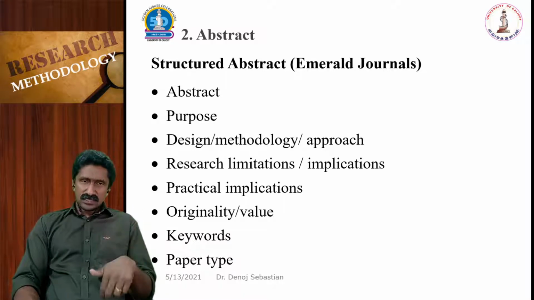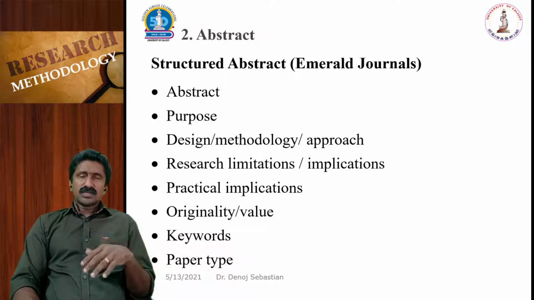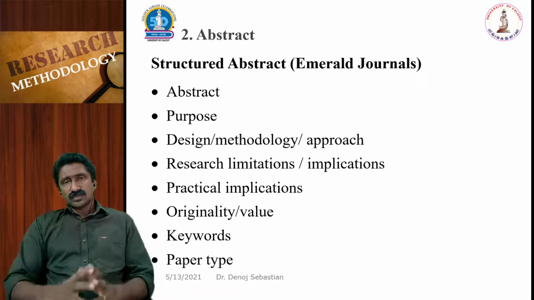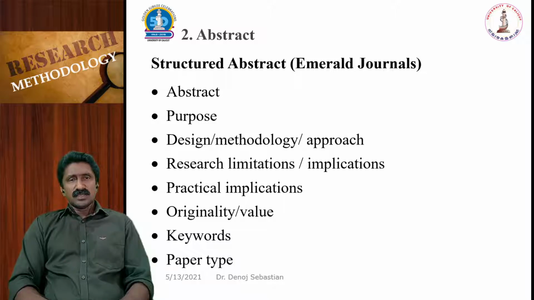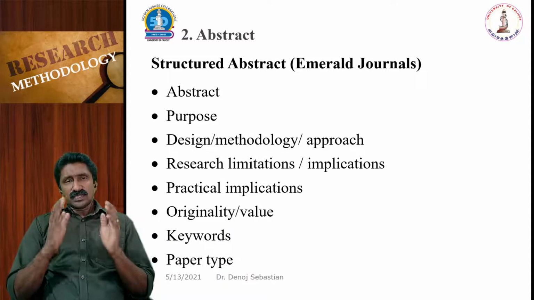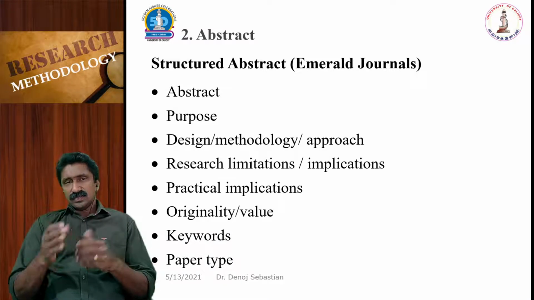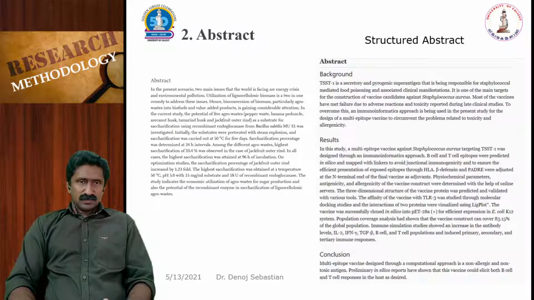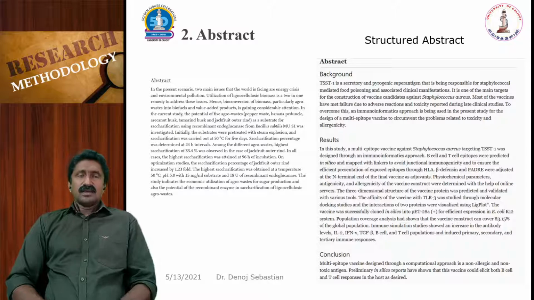From journal to journal, the required titles or portions of the structured abstract will be different, but they will provide subheadings within the abstract. For example, you can see these.